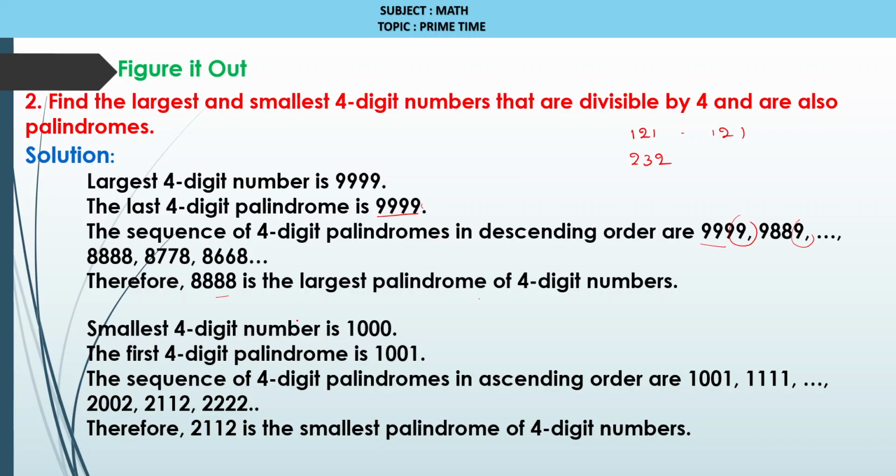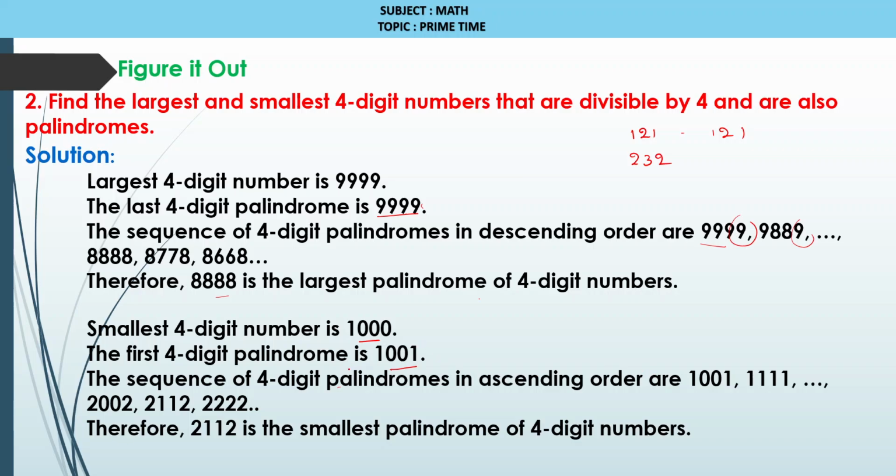Next, the smallest 4-digit number is 1000. The first 4-digit palindrome is 1001. The sequence of 4-digit palindromes in ascending order is 1001, 1111 and so on.